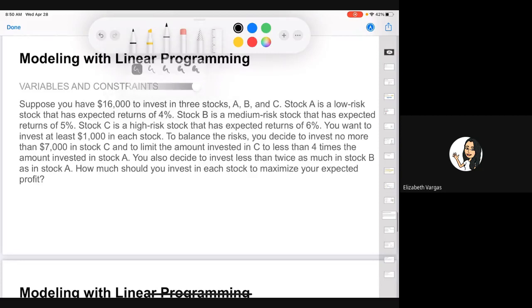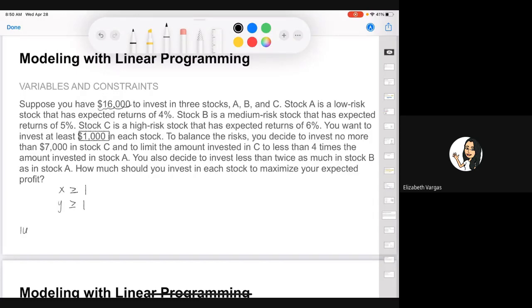We know that we want to invest at least $1,000 in each stock. That means that I want to invest at least $1,000 in stock A, at least $1,000 in stock B, and whatever you invest in stock C is going to be the total amount you have to invest.